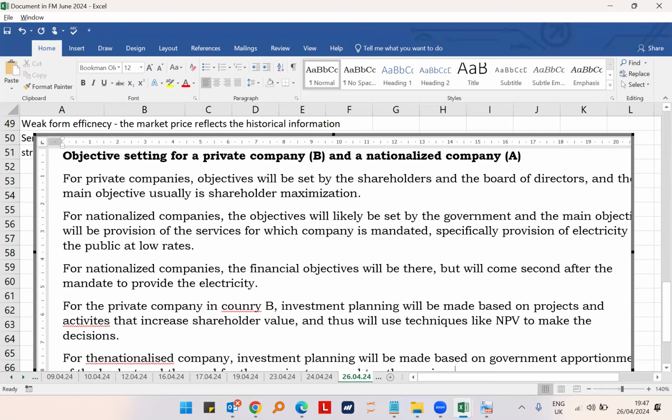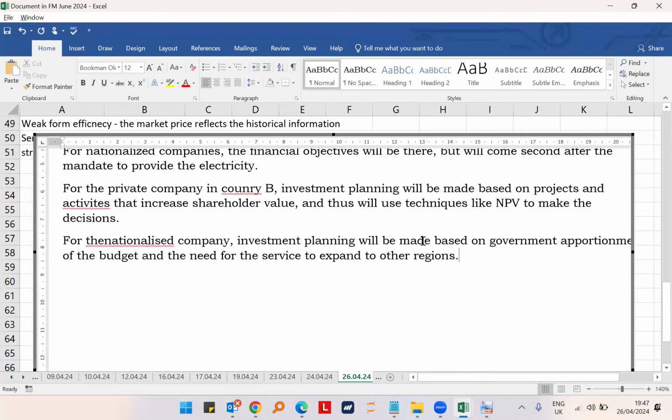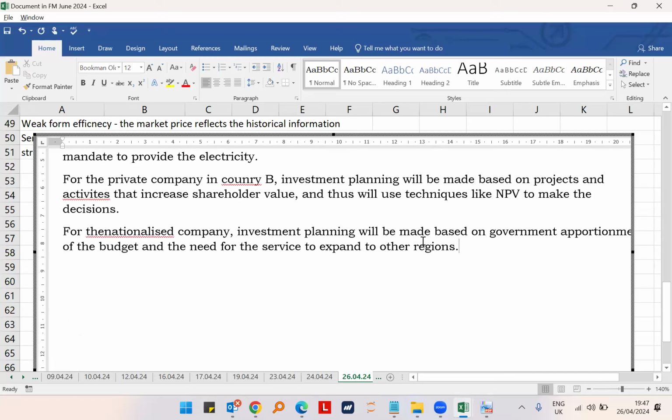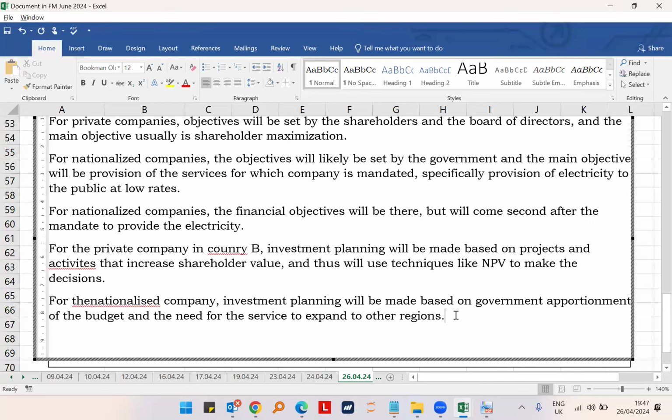For example, in this case, electricity. So when they want to expand electricity to other regions of the country, then they would, of course, definitely approve some other spending to actually be incurred. So that's what is going to mostly determine the kind of spending.